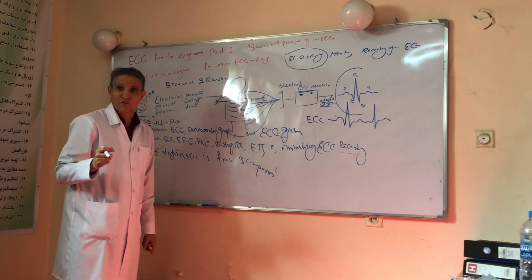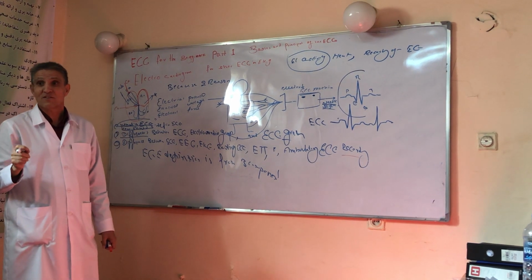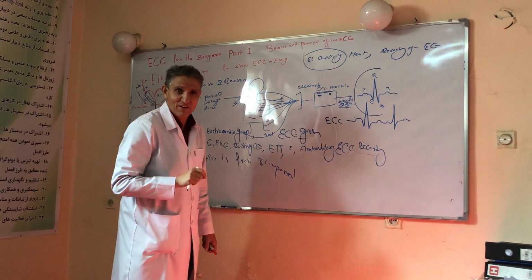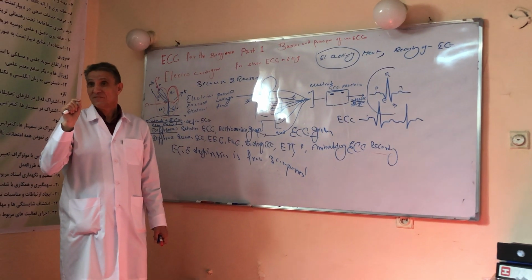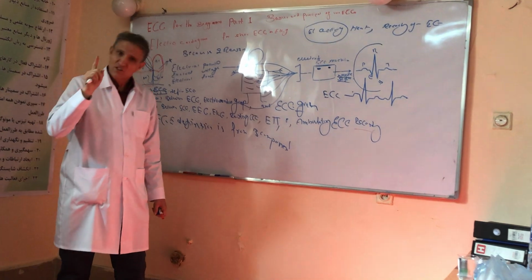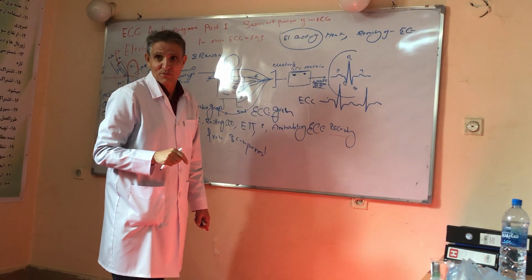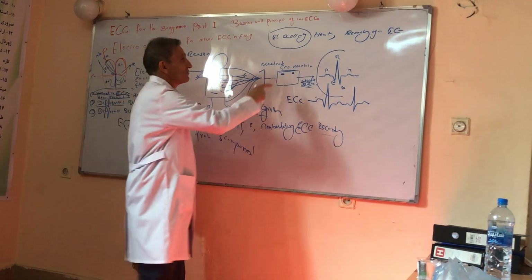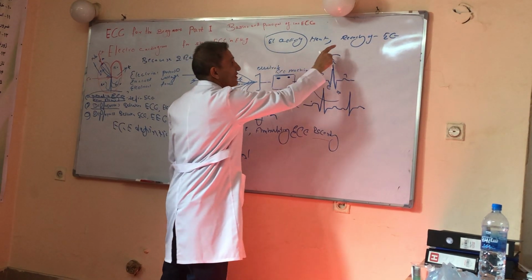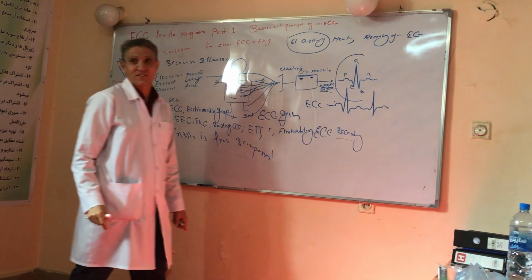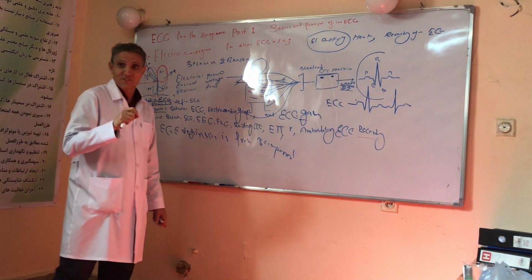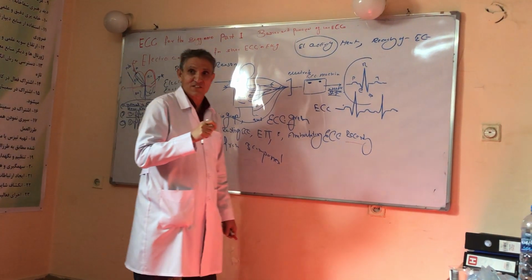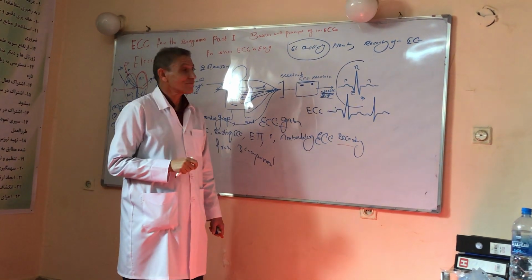When we study the electrical activity of the heart at the molecular or cellular level, this is called action potential. We will have a detailed discussion about the action potential. Right now, just take note of the name. ECG is made from three component definitions: electrical activity, recording of electrical activity, and ECG graph.